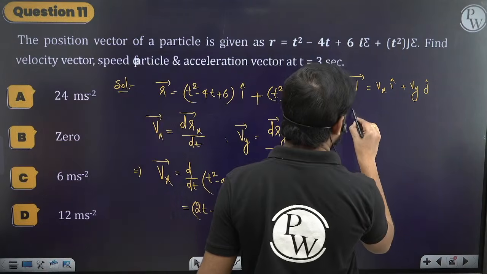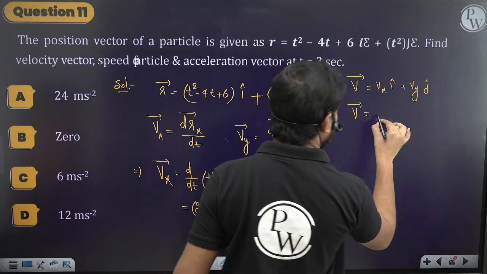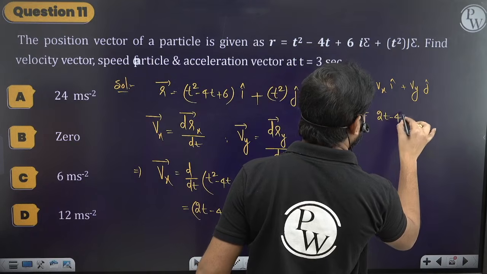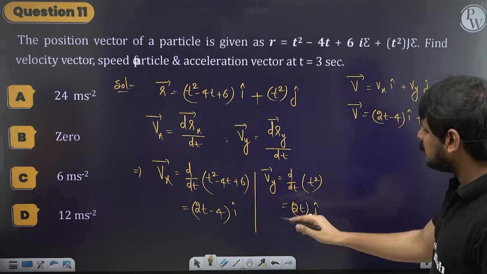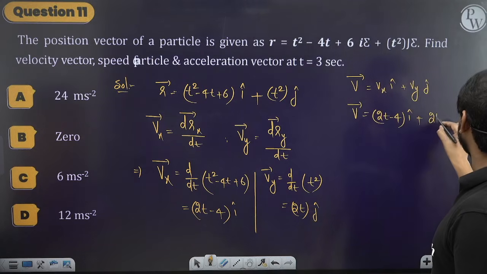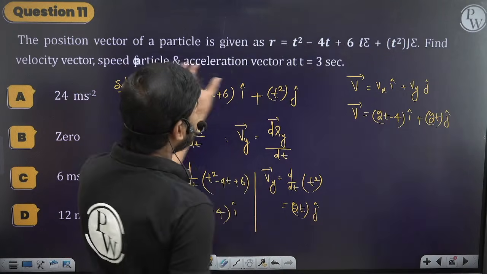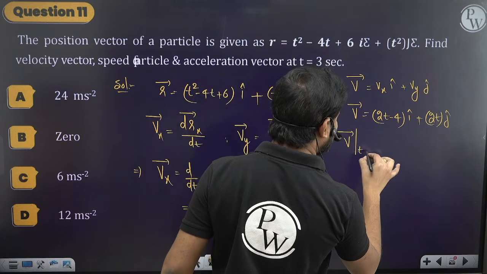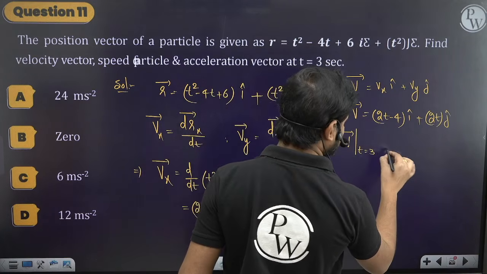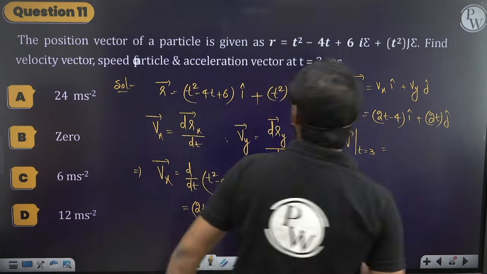So v is equal to, what is vx? 2t minus 4 I cap plus, what is vy? 2t j cap. Now they are asking what is the velocity vector at time t equals 3 seconds. How do you find it at t equals 3 seconds? Just substitute 3 in place of t.